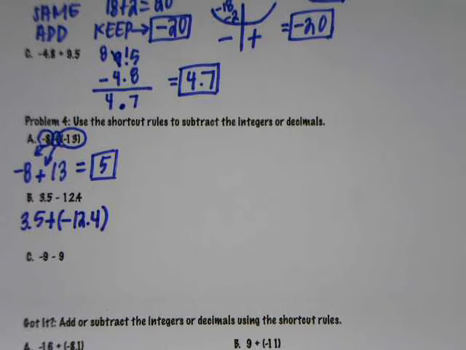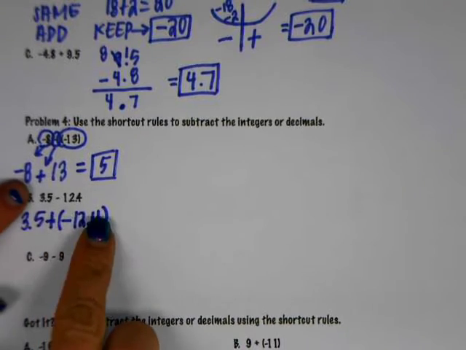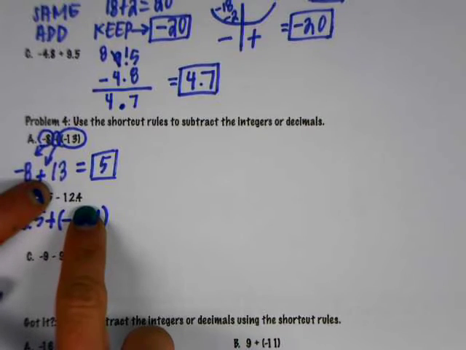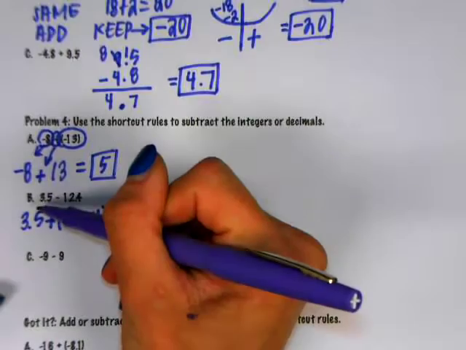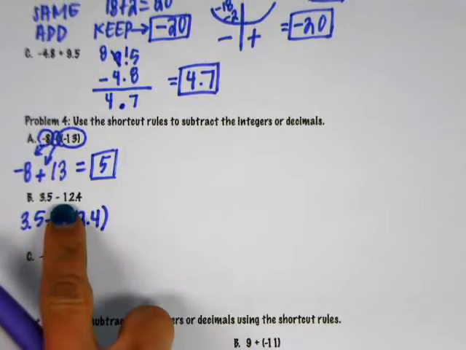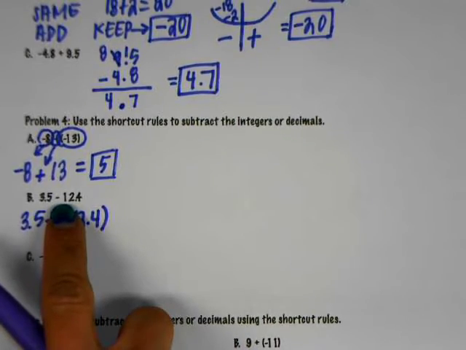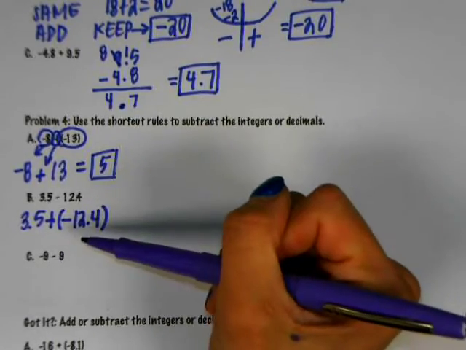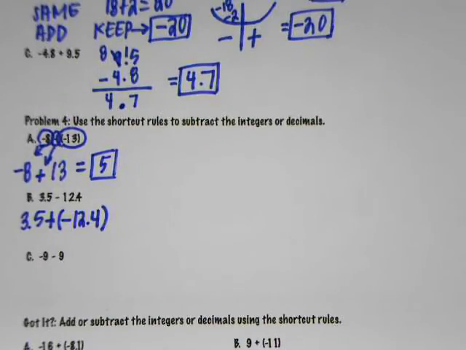I think you can skip it unless you think that you need it, but you guys can see that this is a positive 3.5, and that counts as a negative 12.4, right? Because it's subtraction. Are you able to do that? Do you see that as a negative number? Yes, okay, then you're good. You don't need to rewrite it like this then, as long as you can see that.